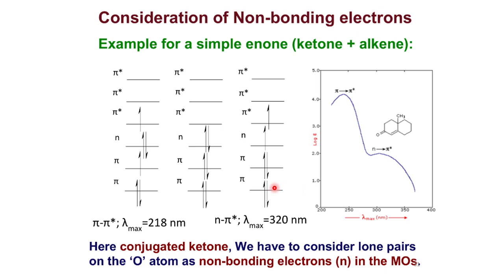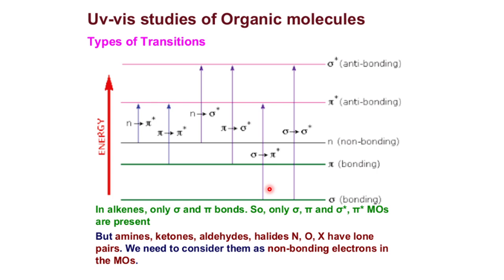If you see the energy diagram, n to pi star has a much smaller energy gap compared to n to sigma star. The gap for n to pi star is much lower and much more comparable with the UV light.